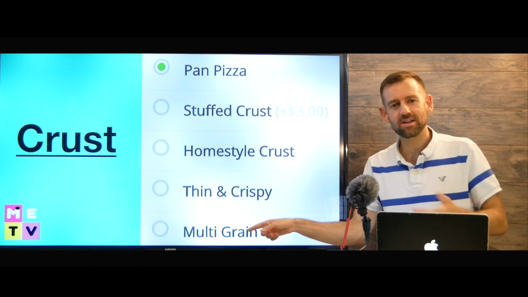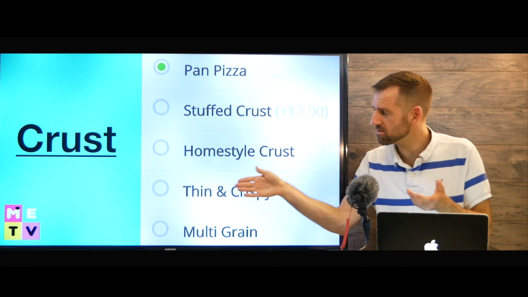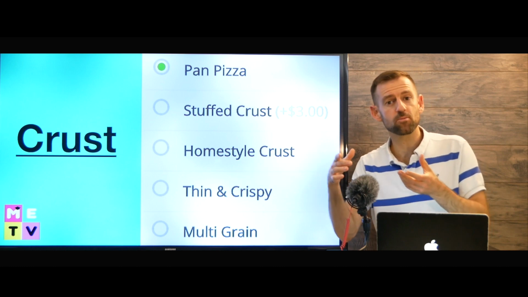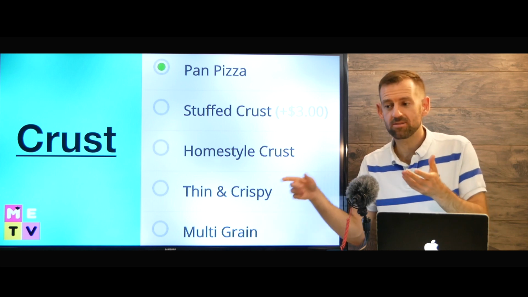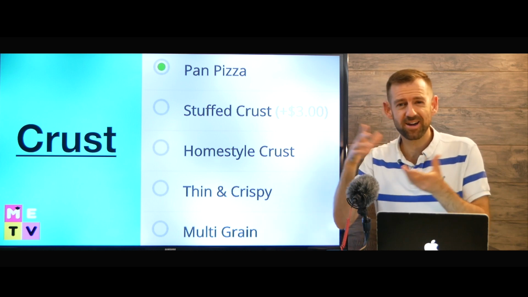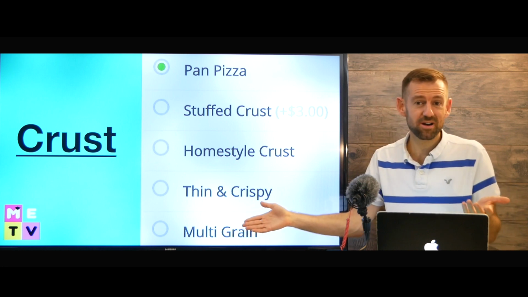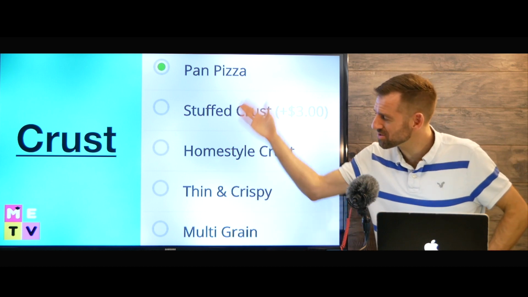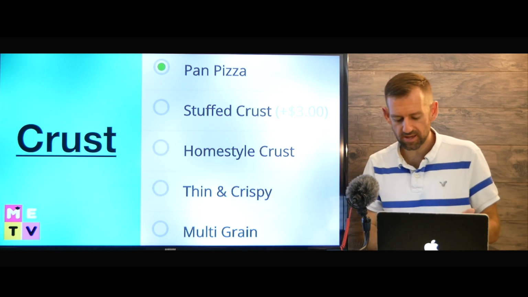Multigrain, well, that just means that it has more than one grain. Like all of these probably just are made from wheat. Multigrain might have like wheat, barley, flax, seeds, I don't know, any other kind of grain. Maybe it's healthier, maybe it's not, who knows? Okay, so those are the different kinds of crusts you can order, okay?